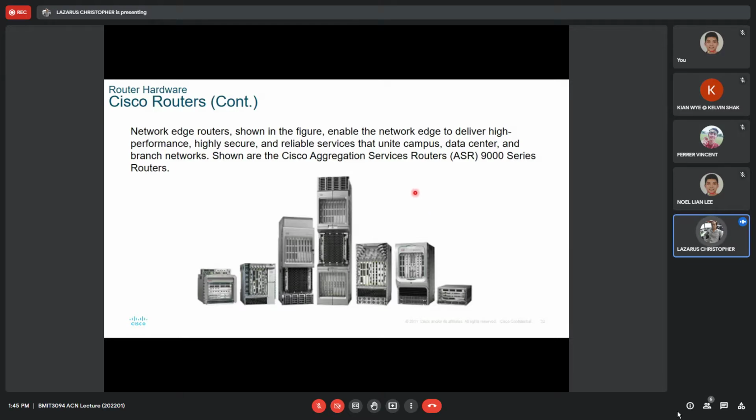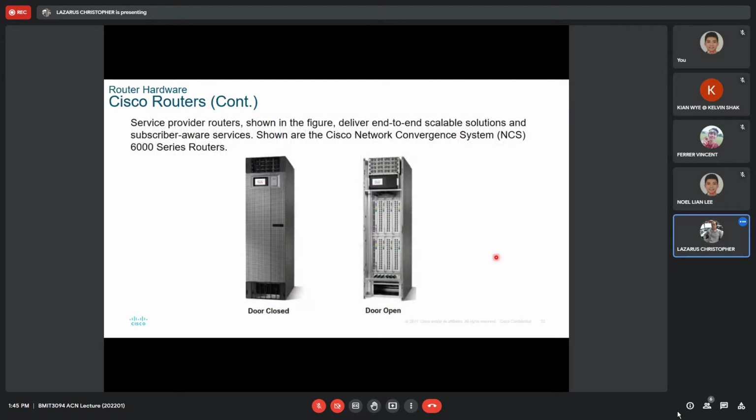Under this, we have the Cisco Aggregation Services Routers, ASR 9000 series routers. Service provider routers are even more capable, right?